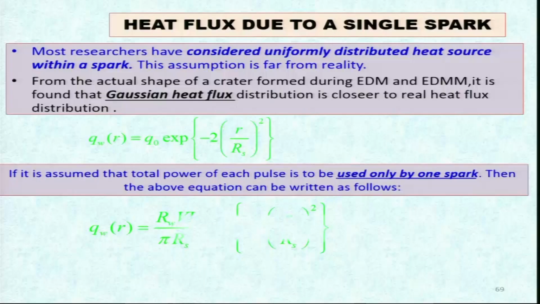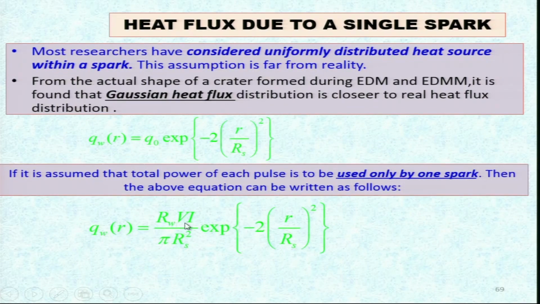But many researchers have proposed and found experimentally that if appropriate conditions prevail in the inter-electrode gap, it is not single spark EDM or EDMM, it is a multiple spark process also, but it depends upon the prevailing conditions of the tool surface and workpiece surface and the feed given to the tool.